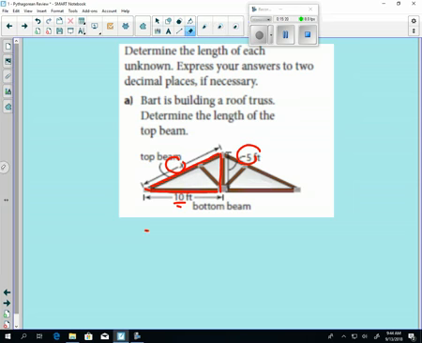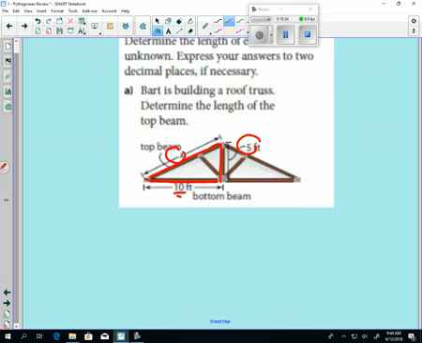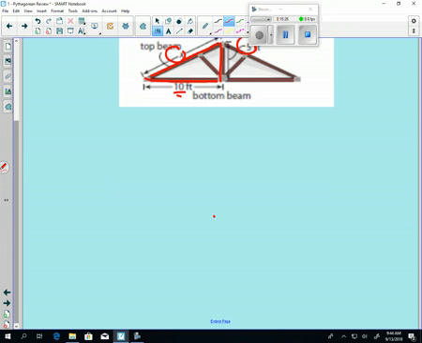Let's go down, get a little lower. So there's my triangle here. I draw my triangle. There's my right angle. They tell me that the height is 5 feet. They tell me that the length of this one is 10 feet.